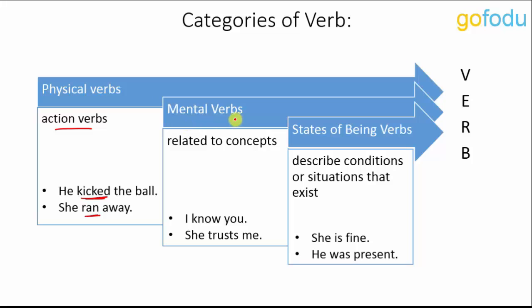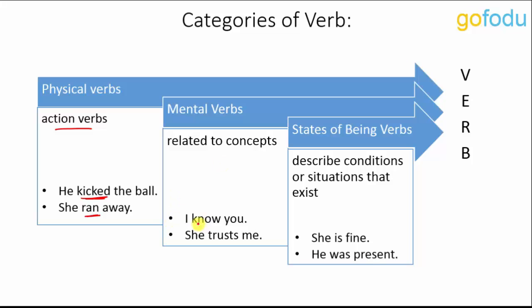Next would be the mental verb. Mental verb is when it is related to some concepts. That means it has meanings related to discovering or understanding or thinking or planning. Those are mental verbs. They refer to a cognitive state, that means which cannot be touched or which is not actually put into action.